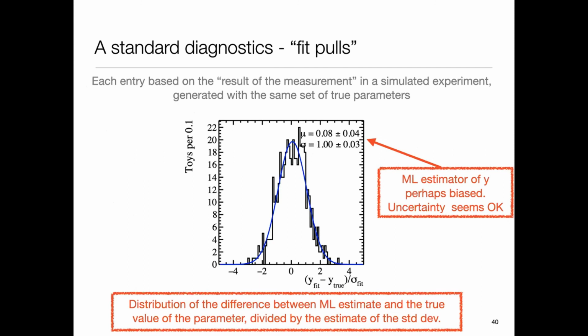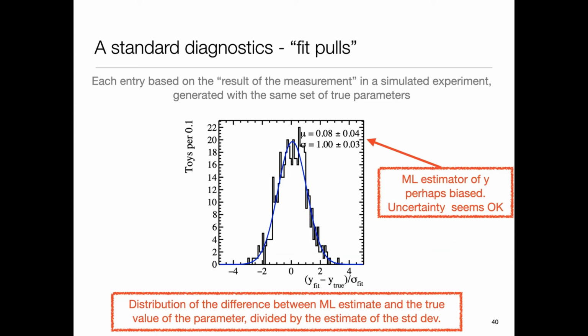And one standard way of representing that, which you see everywhere, for instance in Belle II, but also in other experiments, is that you do this exercise and then you represent the results of your measurements in a pull plot.